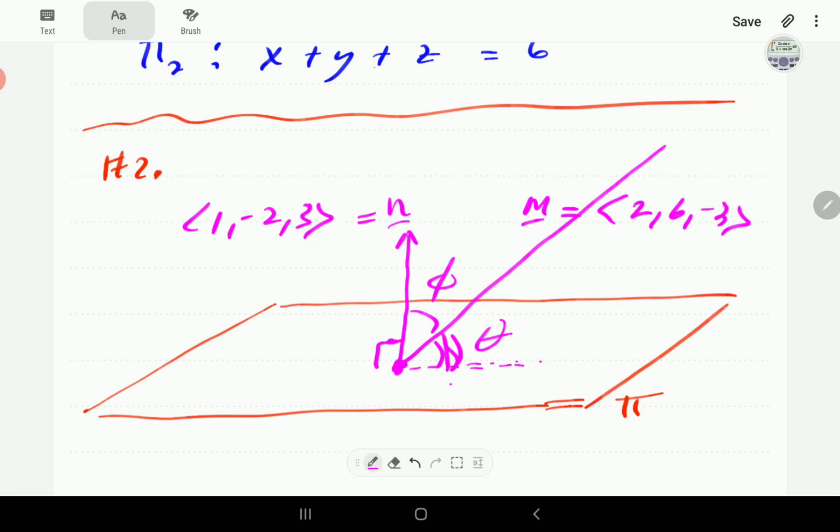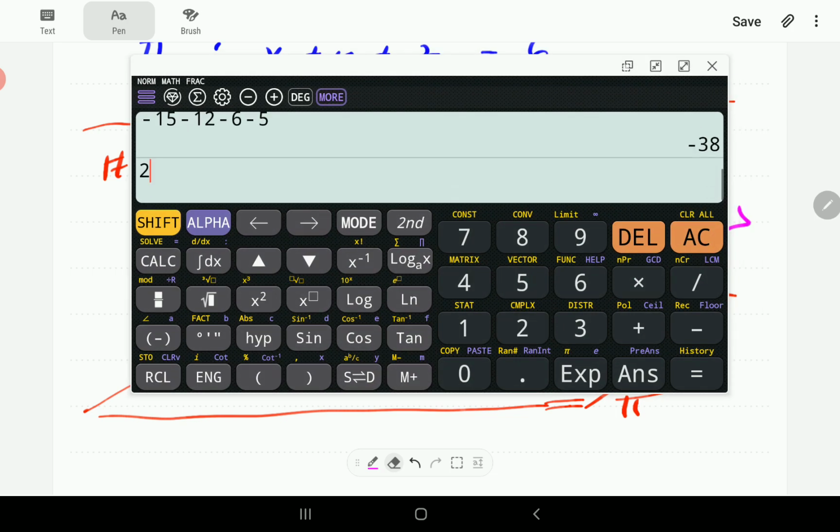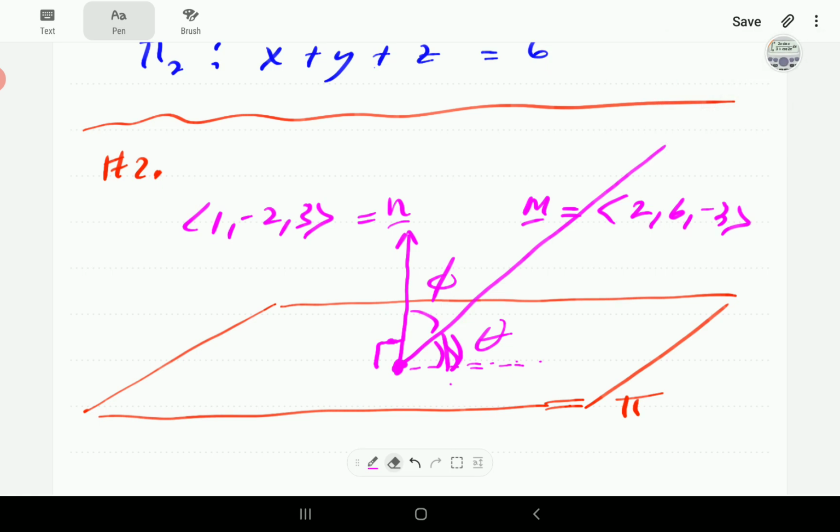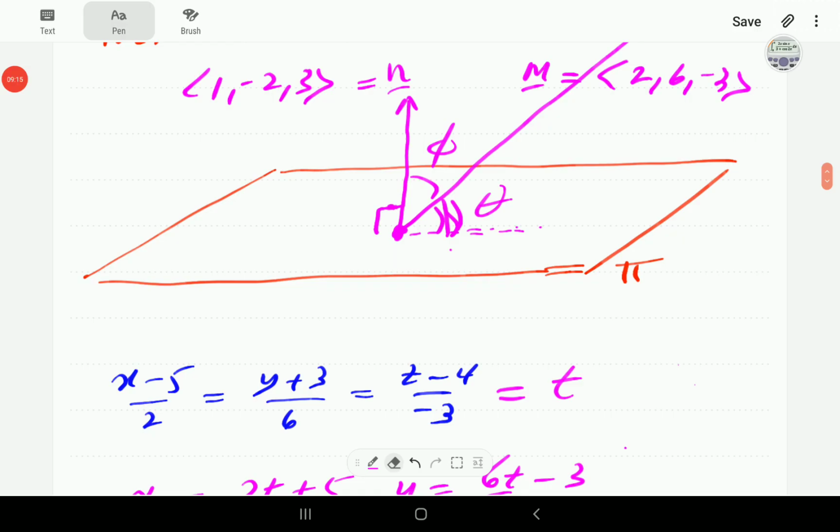Let me do this in the calculator. 2 minus 12 minus 9 gives us negative 19. So the dot product is negative.